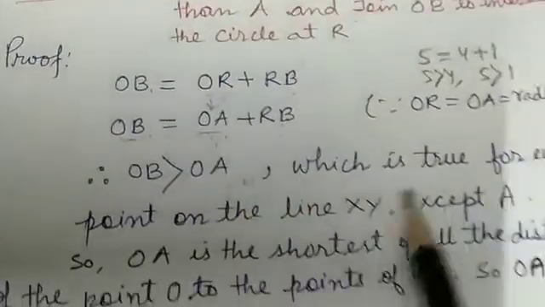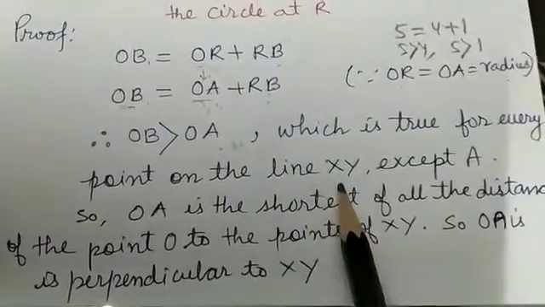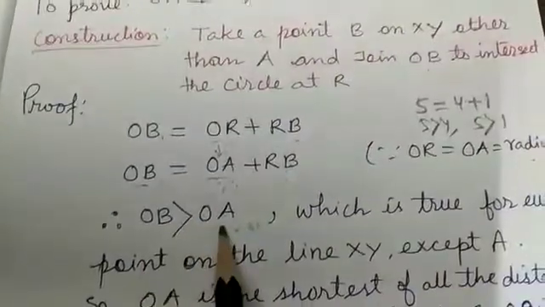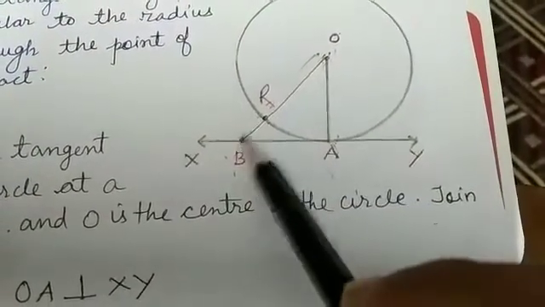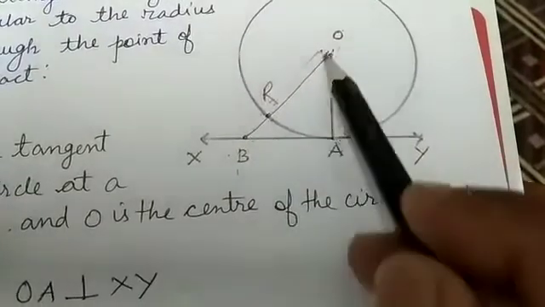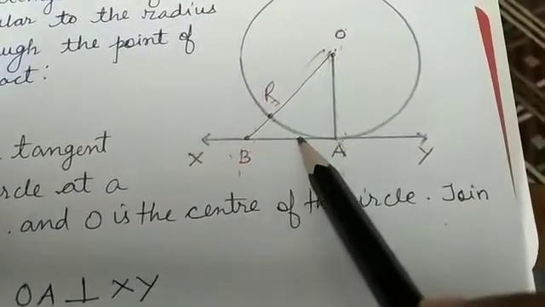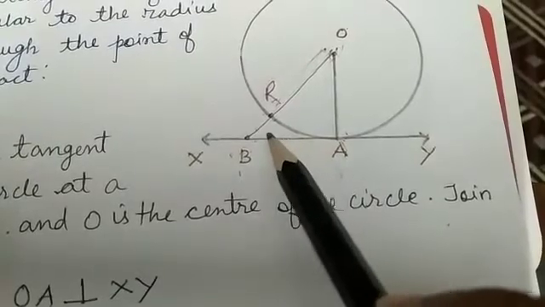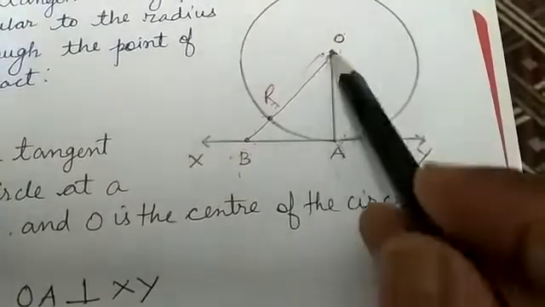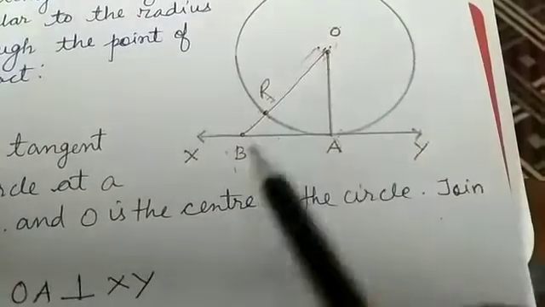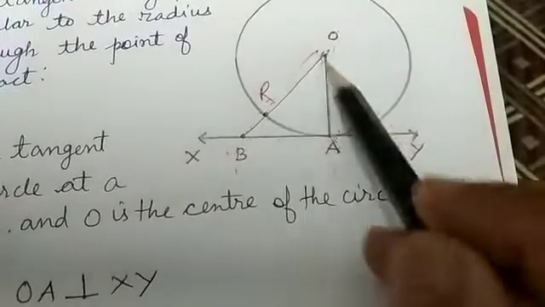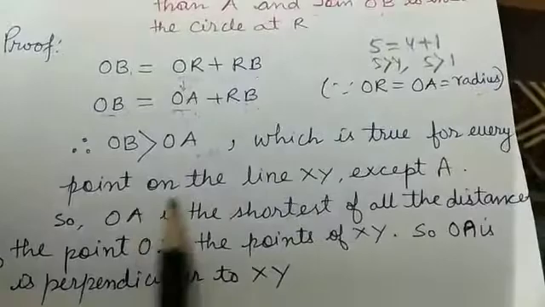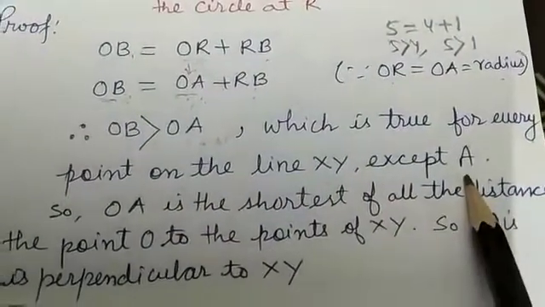And this is true for every point on the line XY except the point A. Whatever the position of B, you may take it here, here or here, the length is always bigger except at the point A. When B comes to A, they become the same. Anywhere you take it, it will be bigger.